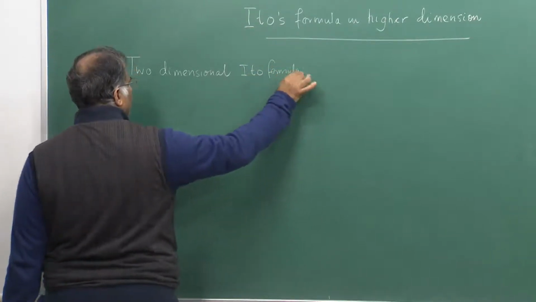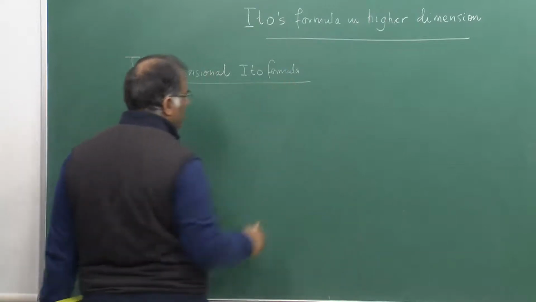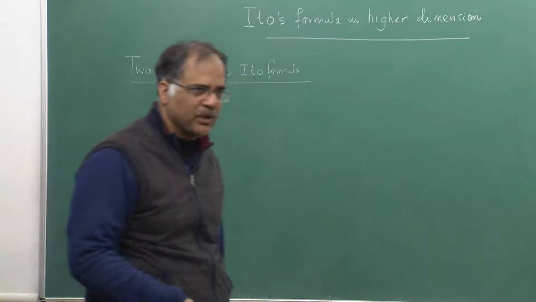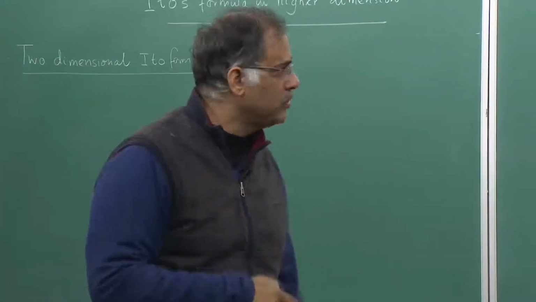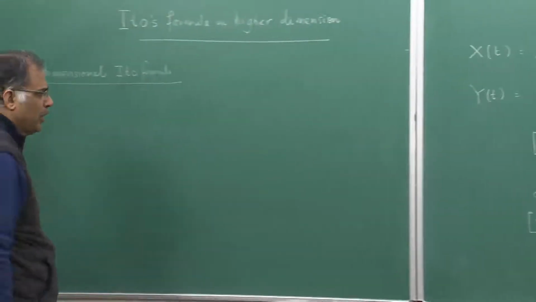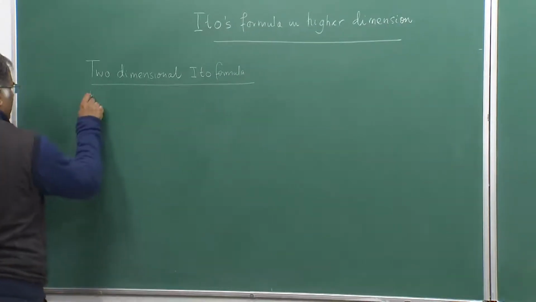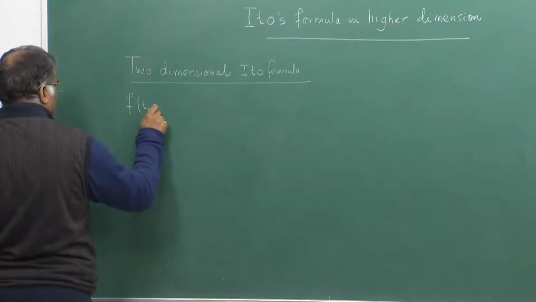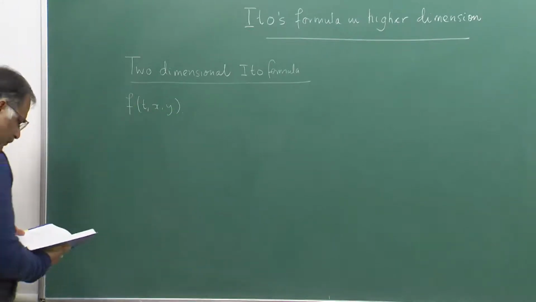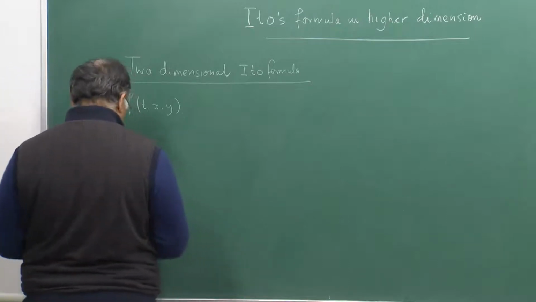In the 2-dimensional Ito formula case, we do not use a function just f(t,x), but f(t,x,y), because here also we have to account for the process, the second Ito process y. So, we are basically now considering a function of this form, and once I consider a function of this form, what do I expect?